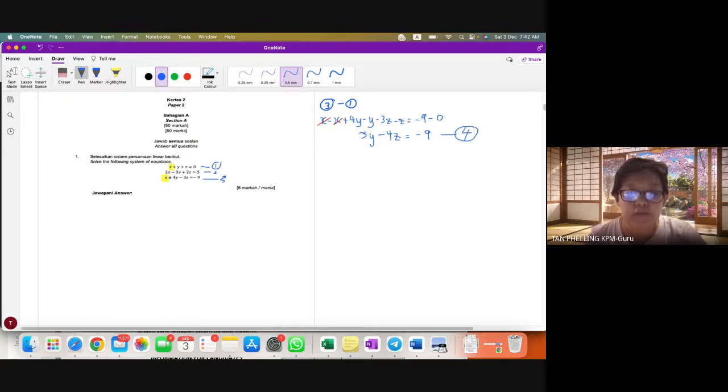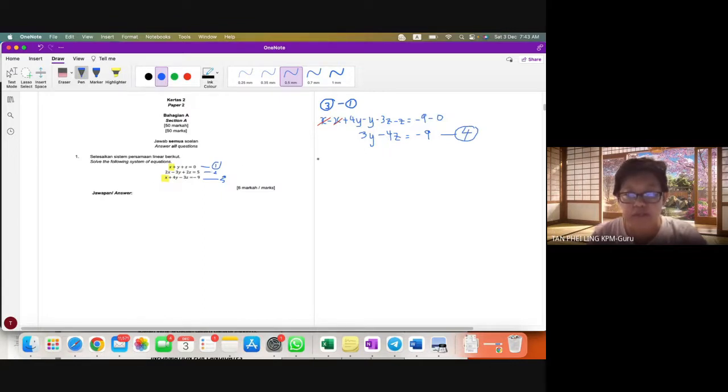For me, I will prefer 2 and 1 because 1 is so simple, right? x, y, and z. So I'm going to use 1 times 2 now. If you straight away use 2 minus 1, you see what happens. 2x minus x still leaves x, right? The x is not gone, so you cannot reduce to the same 2 variables.